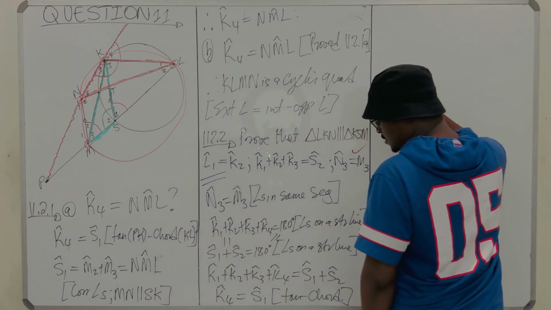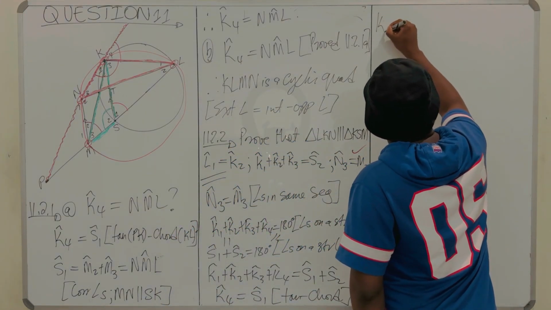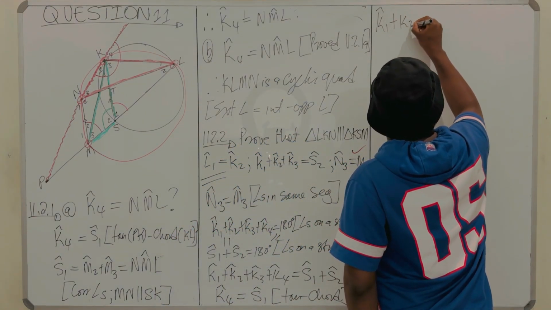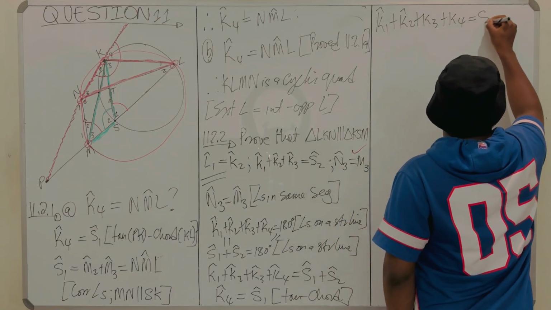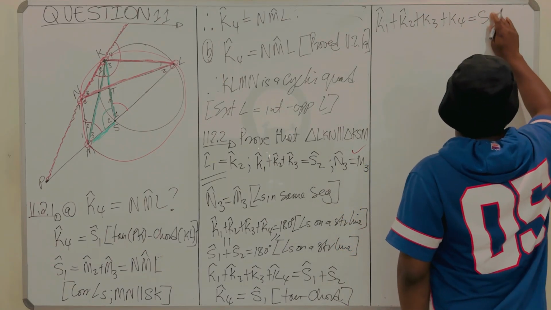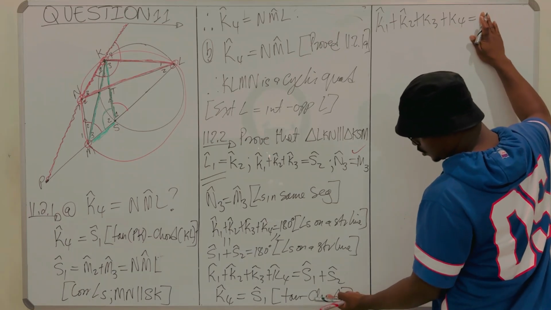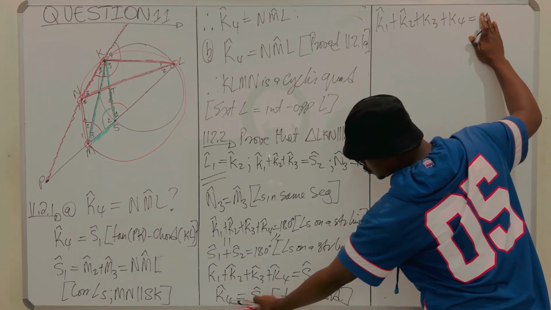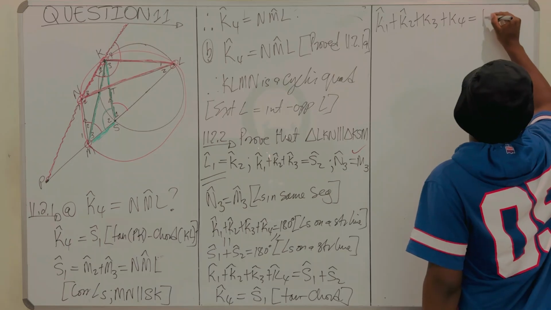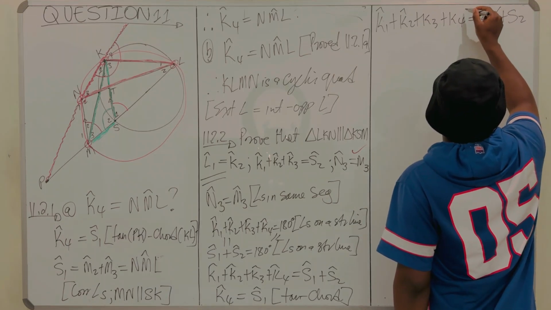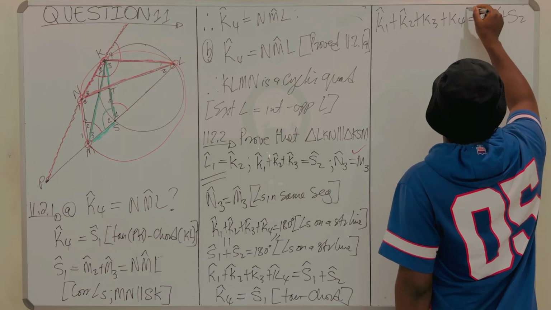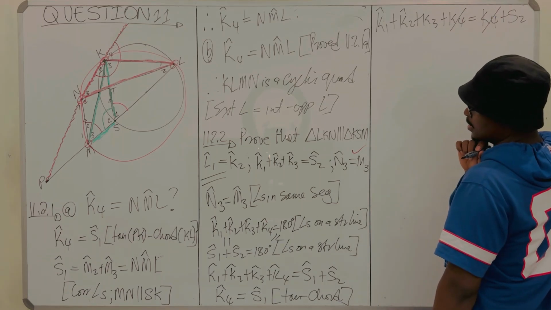So what we'll say is, look, K1 plus K2 plus K3 plus K4 is equal to S1, which is also K4. So we can say it's equal to K4 plus S2. So this and that will go away, right?